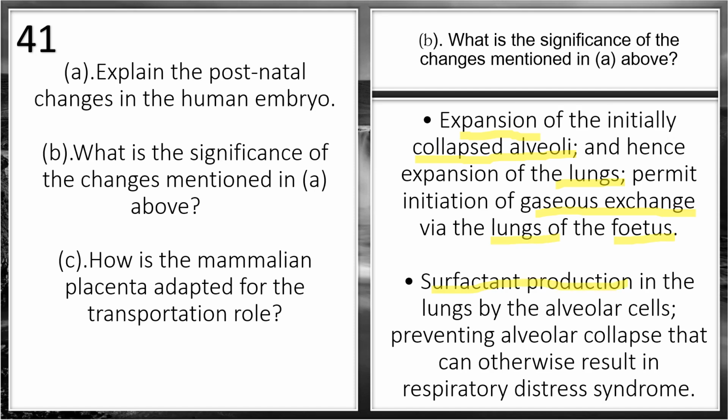Surfactant production in the lungs by the alveolar cells prevents alveolar collapse that can otherwise result in respiratory distress syndrome.